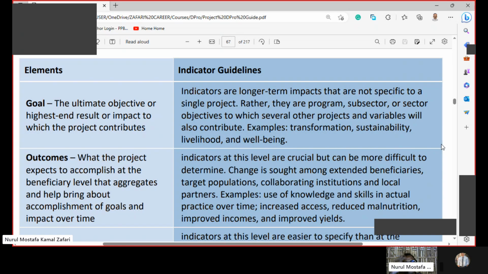Outcomes are the contributor to the goal, and it creates jointly or collectively to bring the long-term change and to leave long-term wider impact in program level, in subsector level, sector level, in a wider community level.